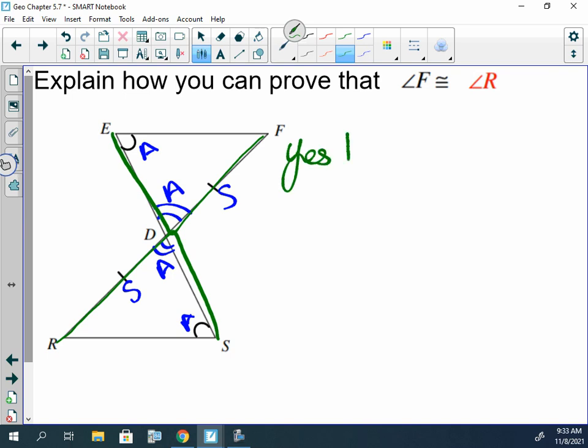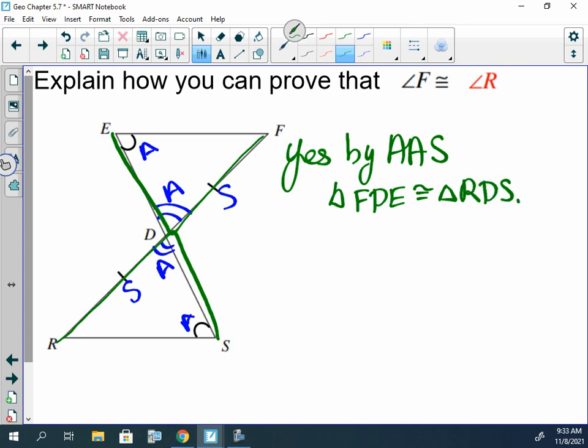Yes. By angle, angle, side, we can say that what? Triangle FD is congruent to triangle RDS. Thus, what? Yes.